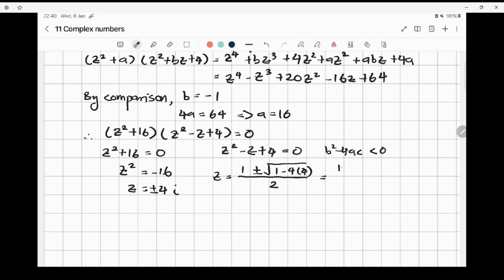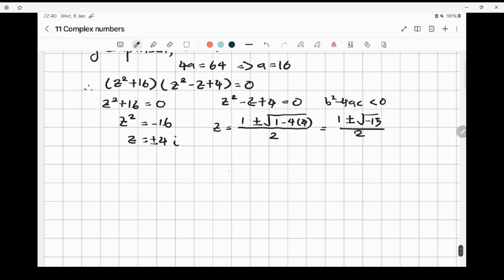So this is 1 plus or minus square root of minus 15, over 2. Finally, what you can write is 1 over 2 plus or minus square root of 15 over 2 i. This plus or minus contributes to what we call the complex conjugate pair.